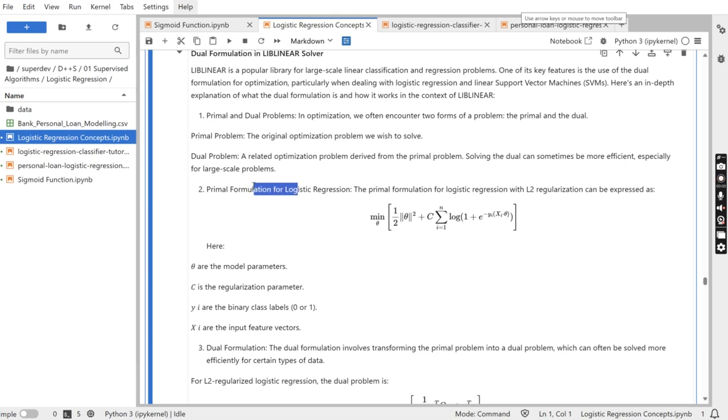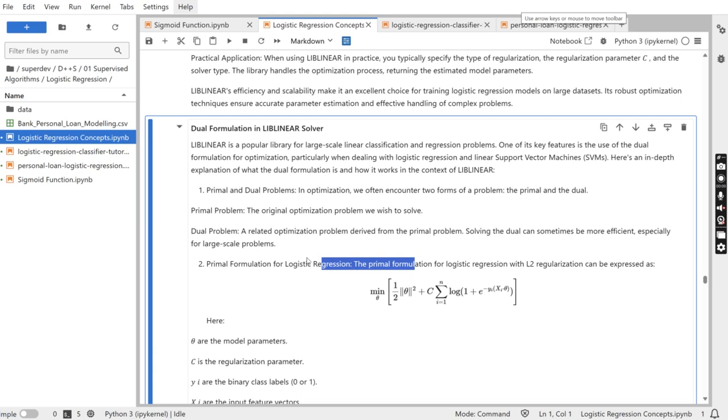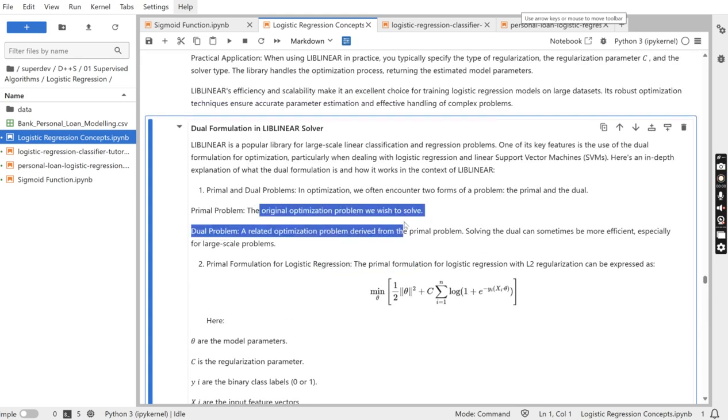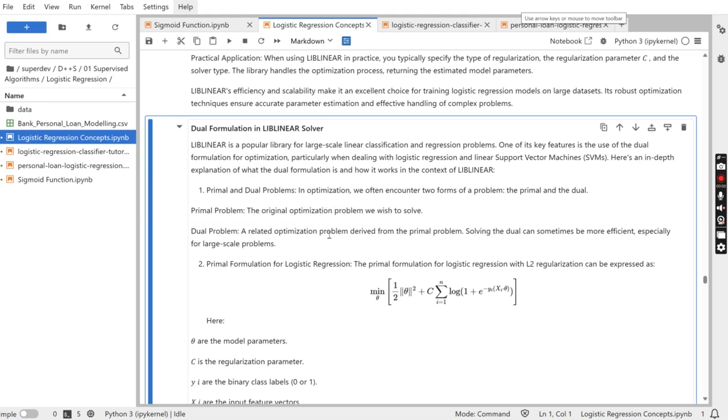Then it keeps the first one fixed, changes the rest, and calculates how much the cost function is decreasing, how much it is able to optimize the value of m. So that is being measured. This is how liblinear works.